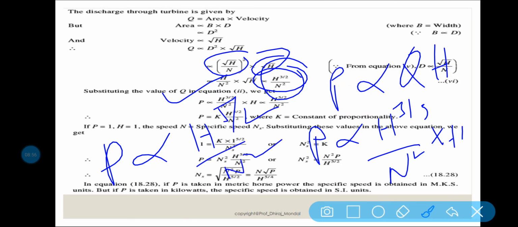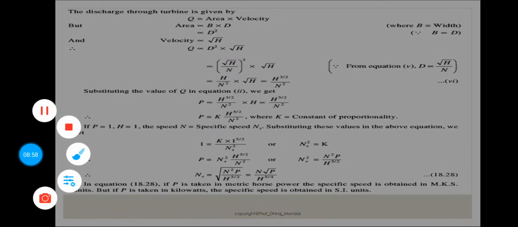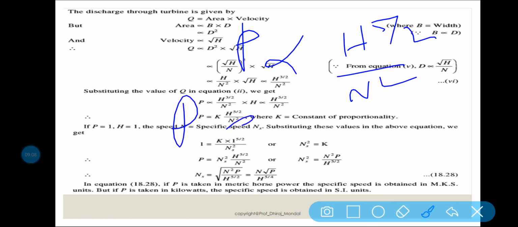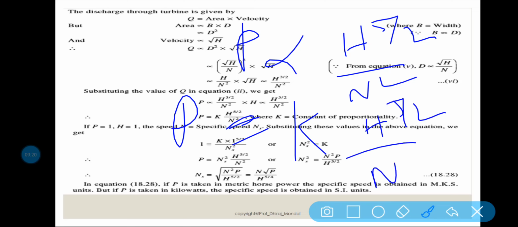Can I write this? So if p, the power, is proportional to h to the power 5 by 2 by n square, then if I am just changing the proportionality, what I can write? p is equal to k. When you are removing this proportionality, you have to take a constant, that is your k, into h to the power 5 by 2 by n square.